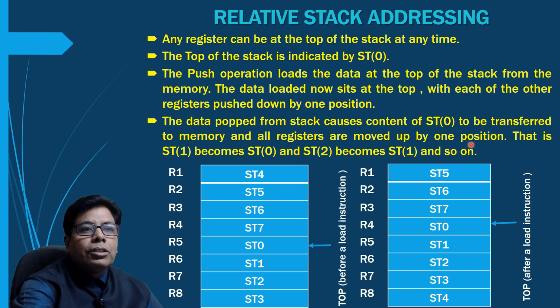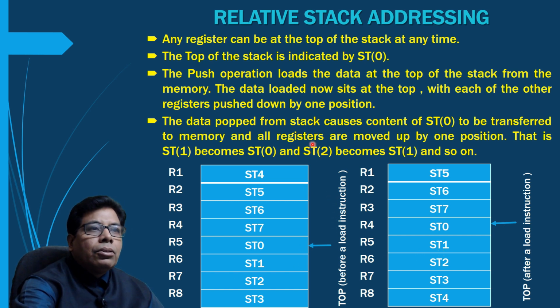So when it is moved up, ST1 will become ST0, ST2 will become ST1, and so on. So here you can see whatever is the initial, after the load instruction, this will change. Now here R5 was ST0. Now R5 has become ST1, like that.